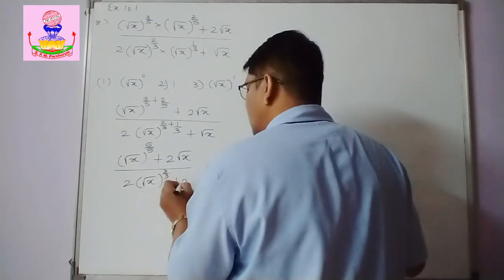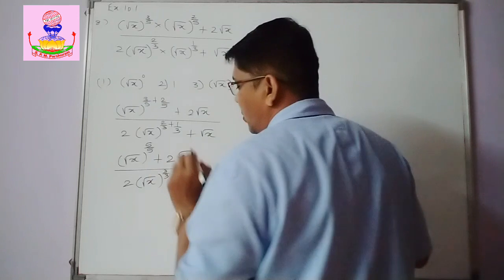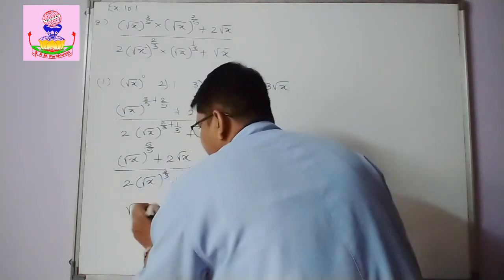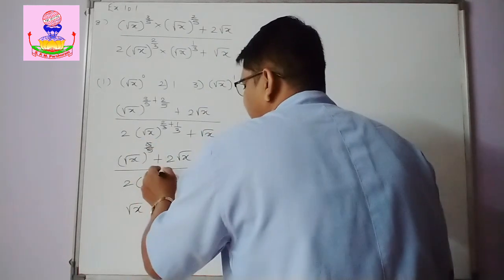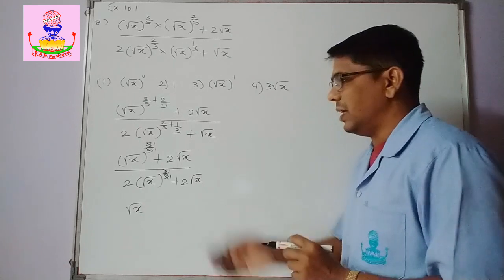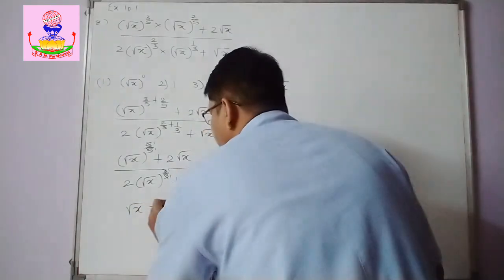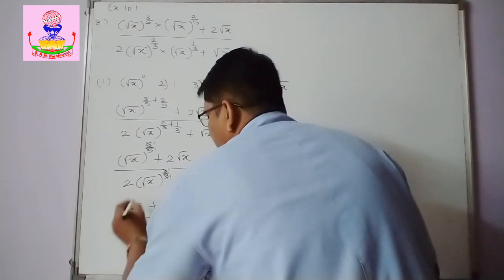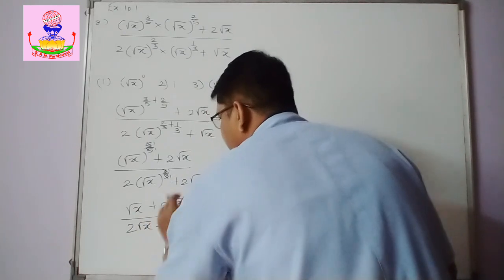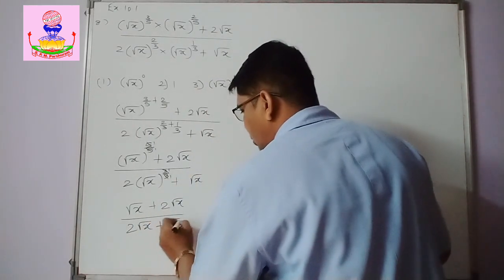Now 5 upon 5 means 1, 3 upon 3 means 1. So root x raised to 1 is root x, plus 2 root x raised to 1, plus root of x.